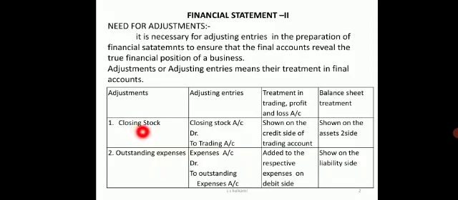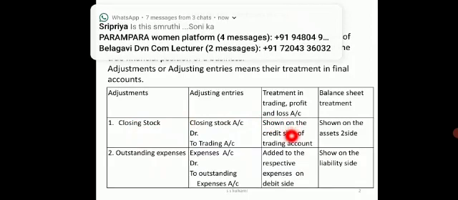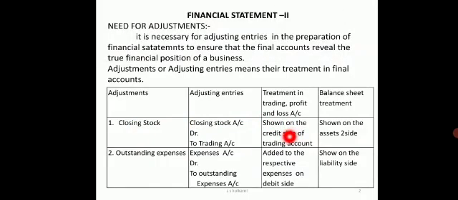So closing stock is shown once in the trading account on the credit side, and at the same time it is also shown on the asset side of the balance sheet. So remember, closing stock: show it on the credit side of the trading account and the second entry in the balance sheet on the asset side.